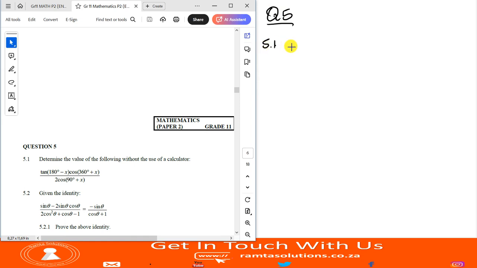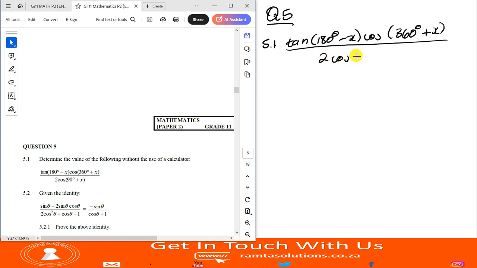We're determining tan(180 degrees minus x) multiplied by cos(360 degrees plus x), all over 2 cos(90 degrees plus x).